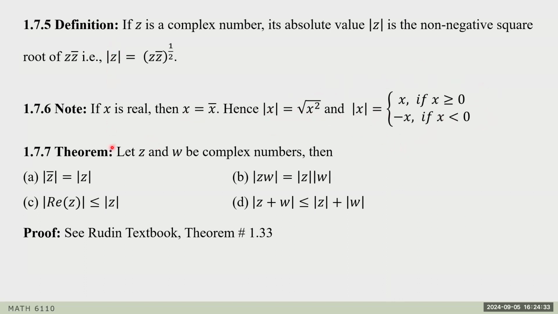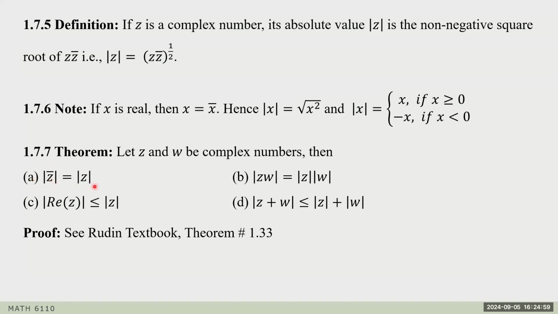So in terms of the modulus of complex numbers, how does that behave with products and addition? If z and w are complex numbers, then think of the modulus as the magnitude of the complex number. So the modulus of z is the same thing as the magnitude of the conjugate.